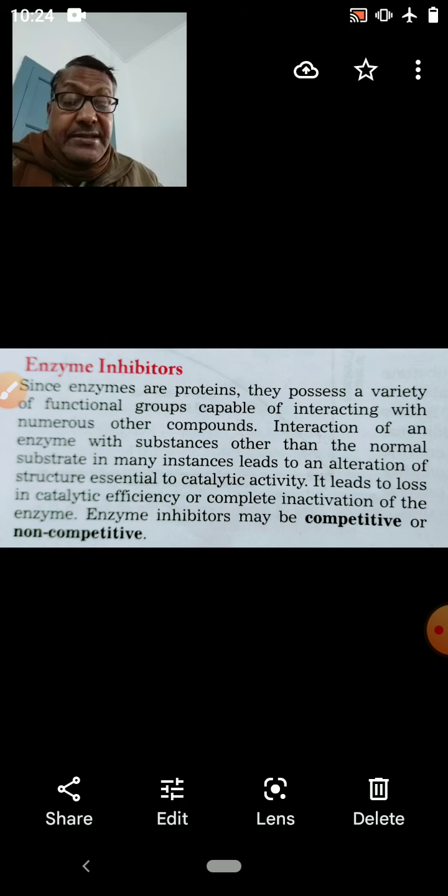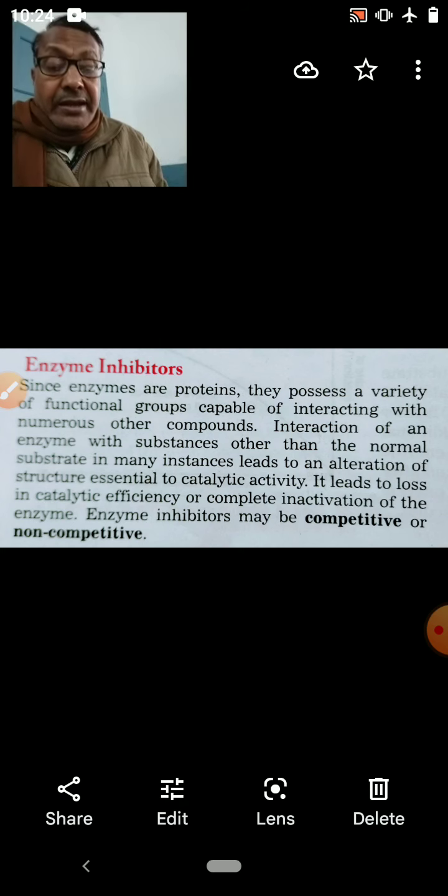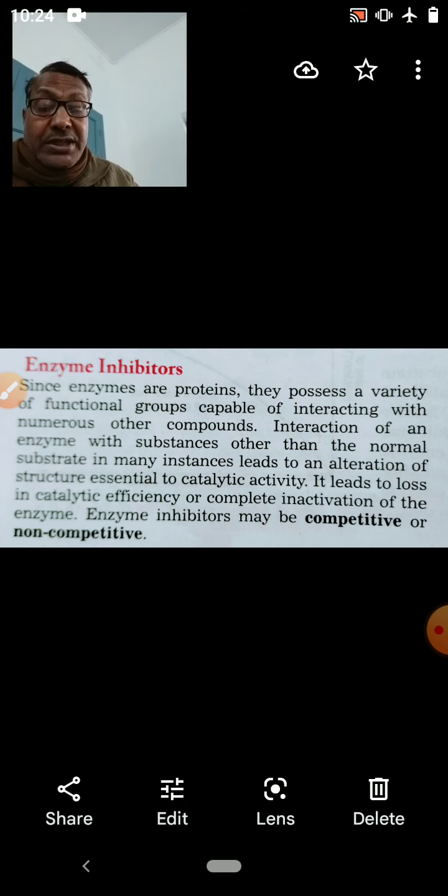These substances interact with the enzyme, and after interacting with the enzyme, they stop the activity of the enzyme, or in other words, the enzyme loses catalytic efficiency. So when the catalytic efficiency of the enzyme is lost, the enzyme is not able to catalyze the chemical reaction.